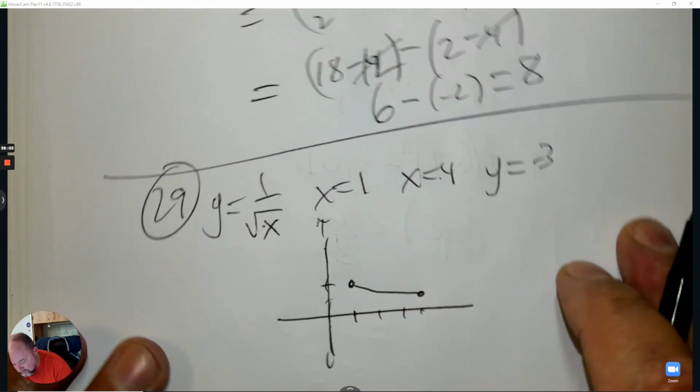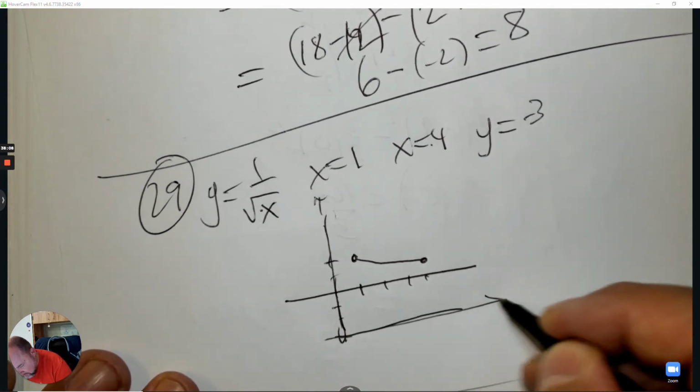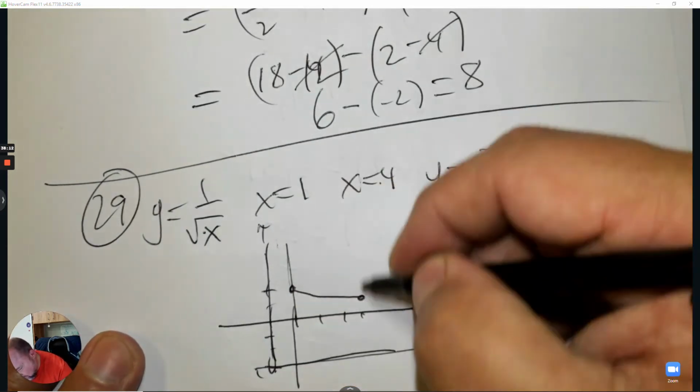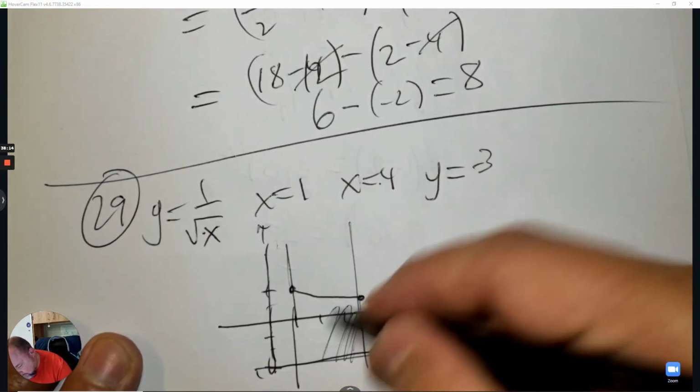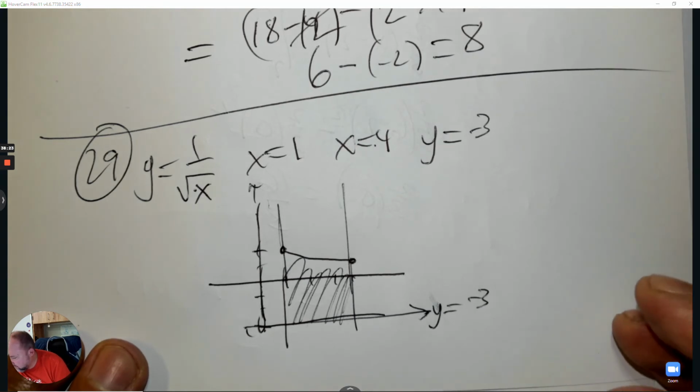And then y equals negative 3. So that's the area, or that's the base. Rectangular cross sections.